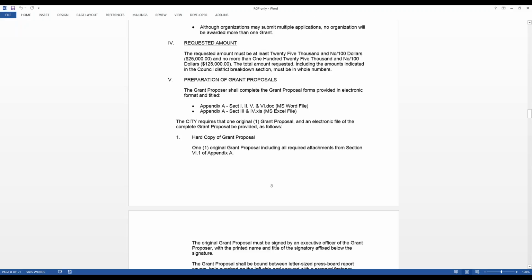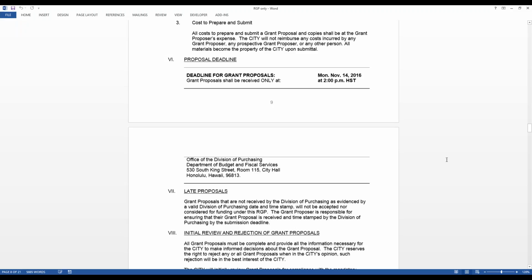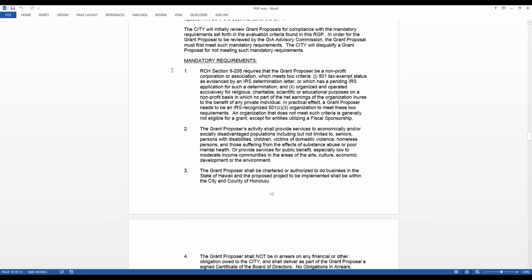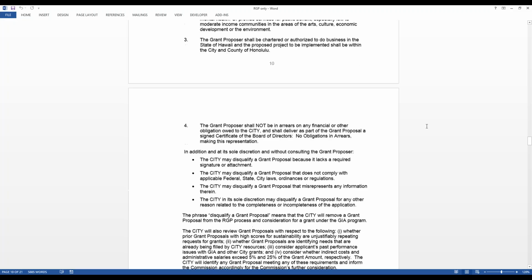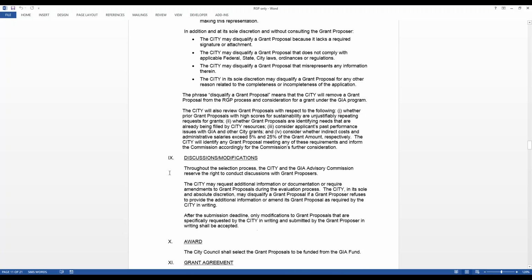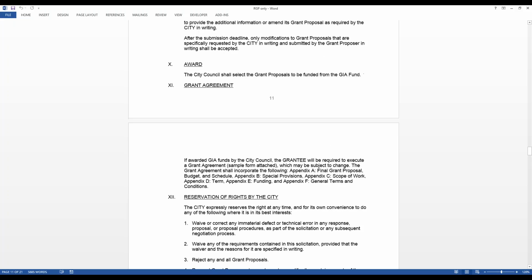So we go down again. We looked at all the mandatory requirements here on top when we talked about the 5W questions. Section 9, discussion and modifications, gives us the authority to ask questions and contact you during the review process of the applications. Section 10 says the City Council shall select the grant proposals to be funded from the GIA fund.